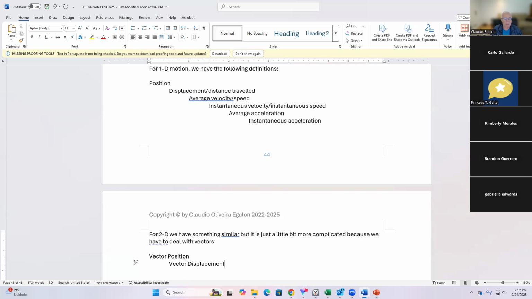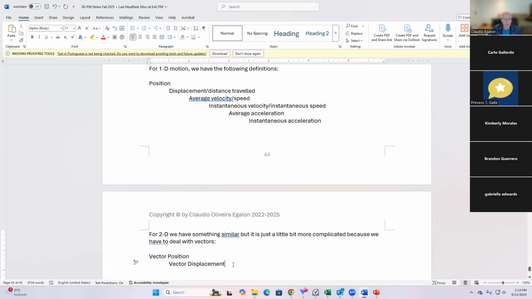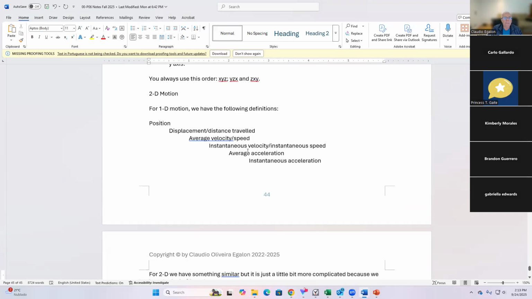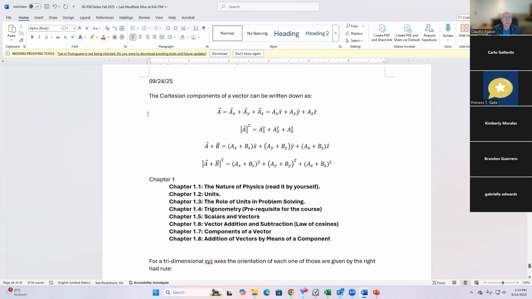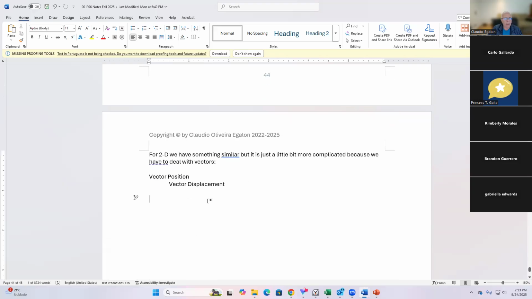And then we have the vector displacement. I already illustrated the vector position. I'm going to illustrate my vector displacement. Okay, and vector displacement, let's not forget, is written down in the following way. We write our vector displacement as delta r.